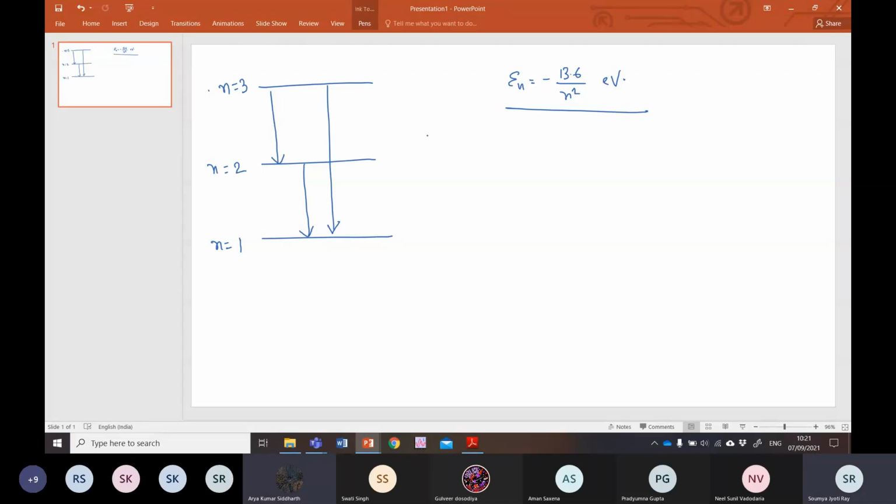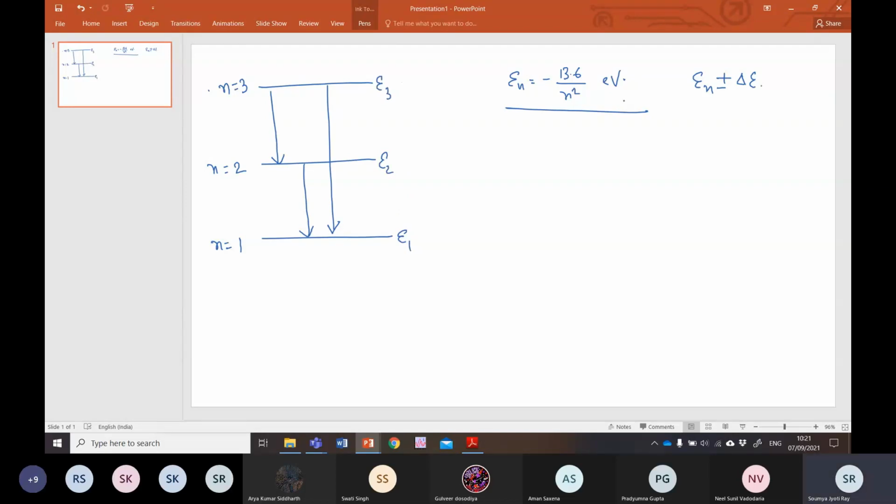Now, when talking about fine structure, these are a higher order correction to these energy levels, which means that I have certain En and I am adding certain delta E to this. Let's say this has a certain energy level, this has a certain energy level, this has a certain energy level.